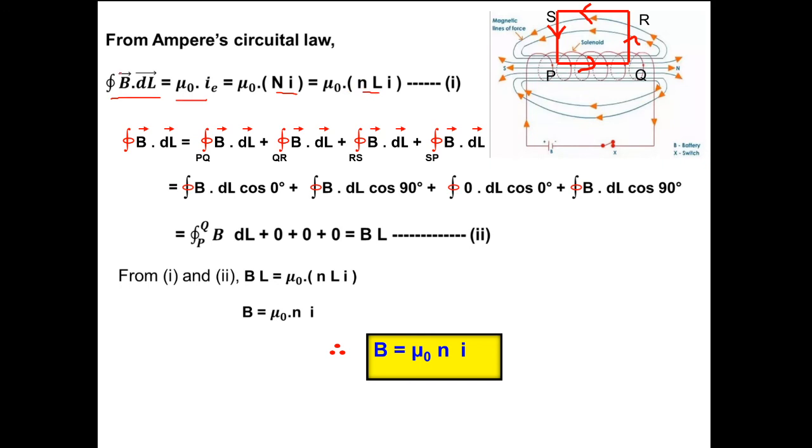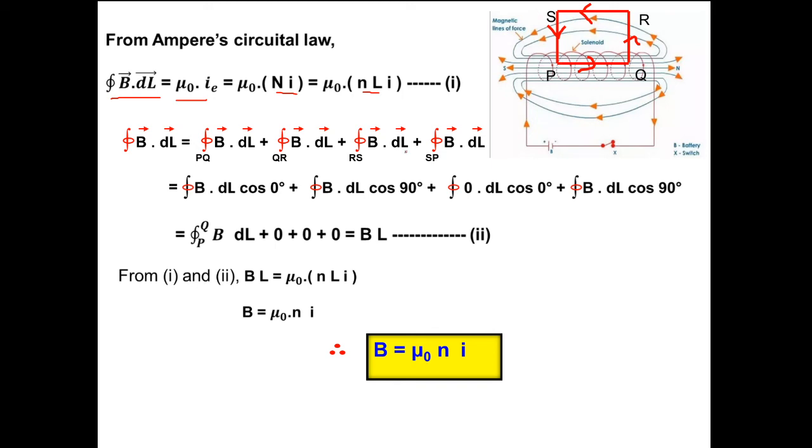So we can say line integral of B dot dl equals mu naught times nLI, or this is equal to integration P to Q B dot dl plus integration of B dot dl from Q to R plus integral B dot dl R to S plus integral B dot dl S to P.